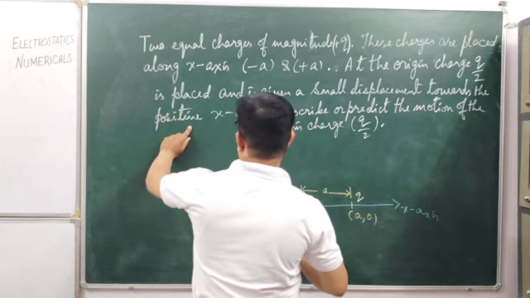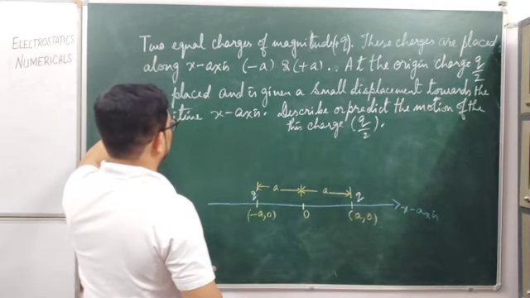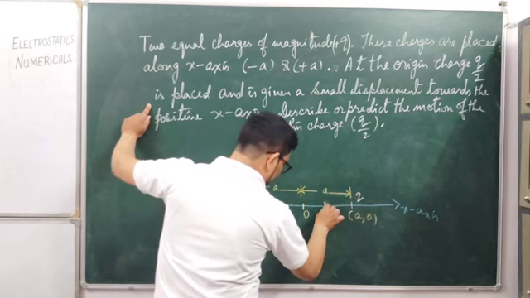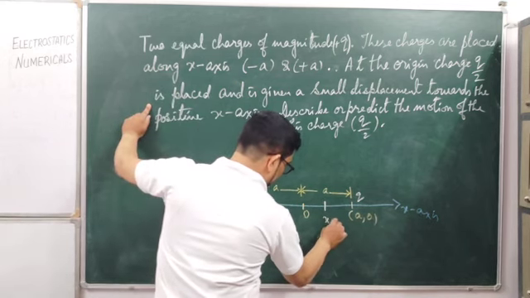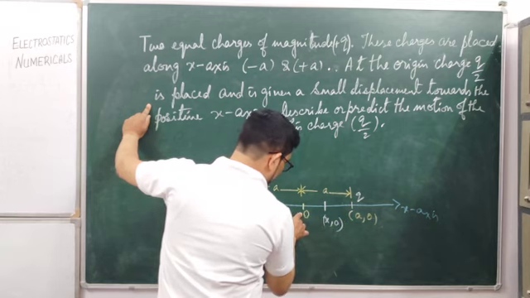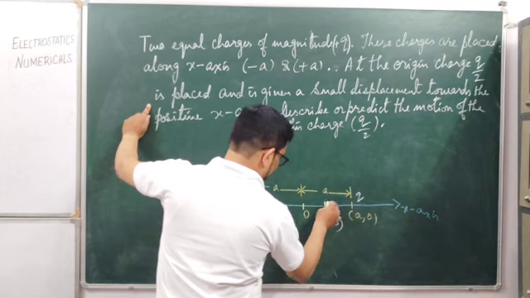You are given this information that this Q over 2 charge is placed and is given a small displacement. So at any instant of time, suppose the position of this is x0, that is at 0 you have placed it, now you have displaced it to a very small position which is x.